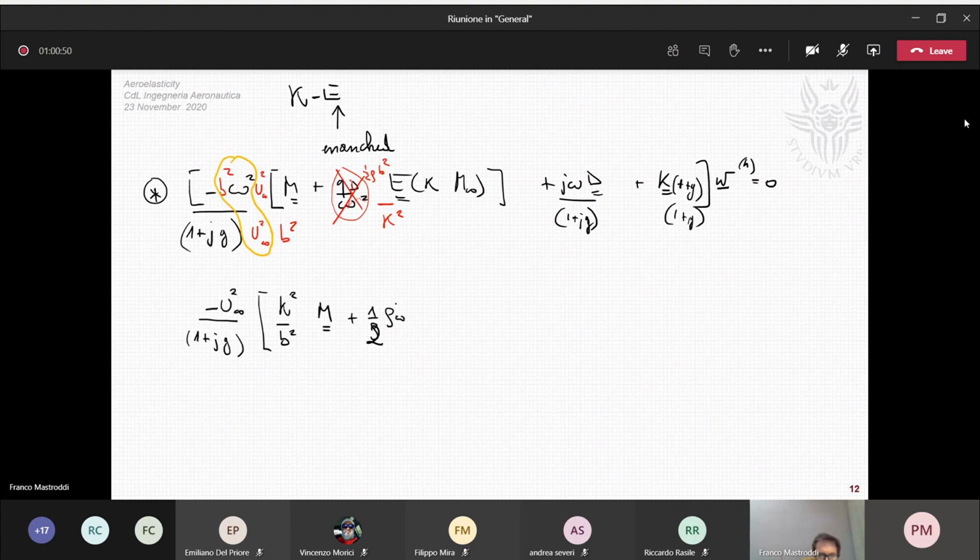We can simplify this b square and k square, and there is the Mach number dependency, if any. Let me move this dependency to simplify our vision. We don't have a Mach number dependency at the moment.